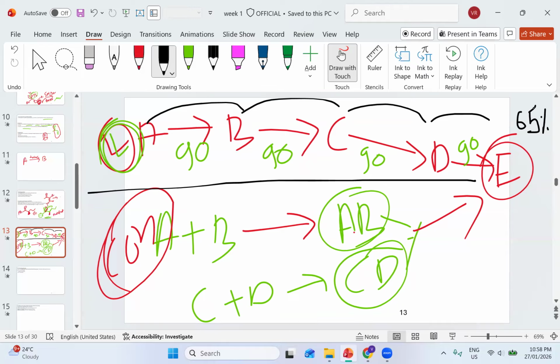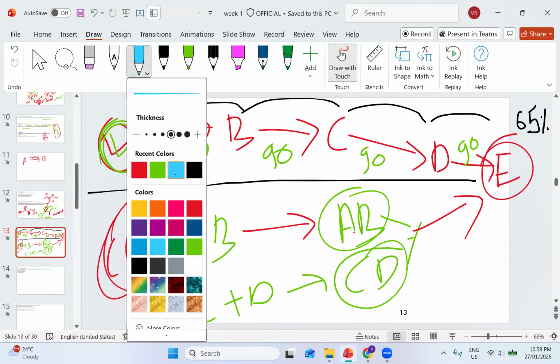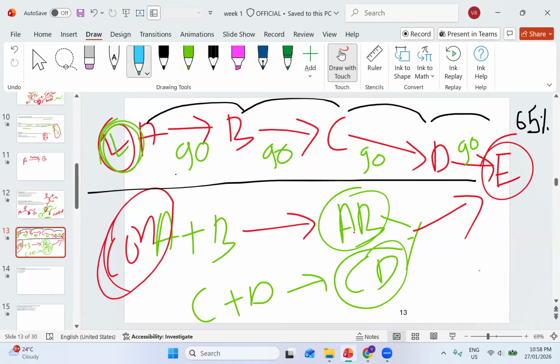But what if the same 90% yield is there for this convergent synthetic approach? So this first step gives 90%, this 90%, and this 90%. So what will happen in this case? In the first step we are getting 90%, and then the second step.